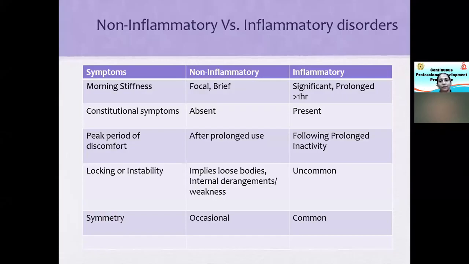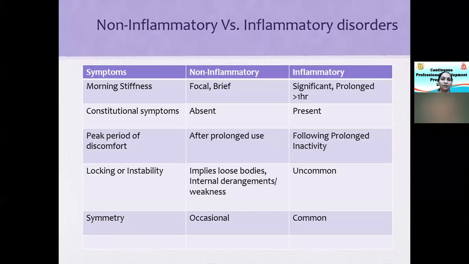Inflammatory arthritis could be associated with constitutional symptoms, and in non-inflammatory, these are usually absent. The peak period of discomfort in inflammatory arthritis is following prolonged inactivity, as opposed to non-inflammatory arthritis, where this is after prolonged use or activity.